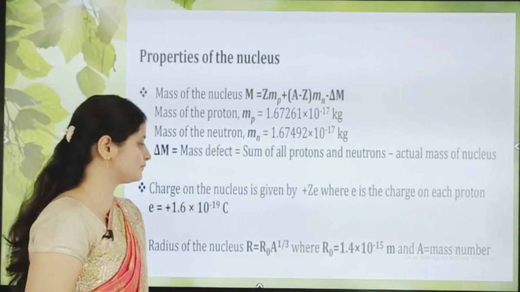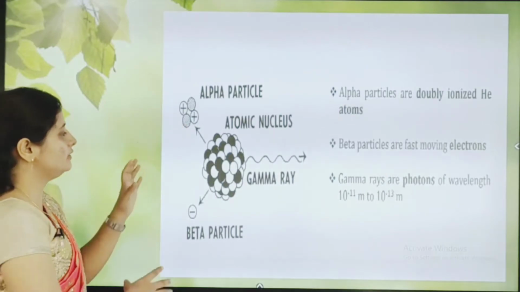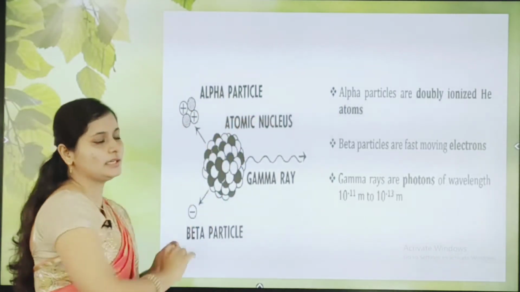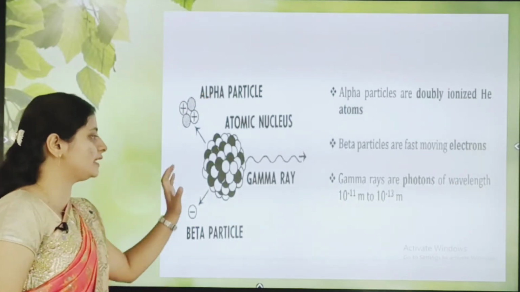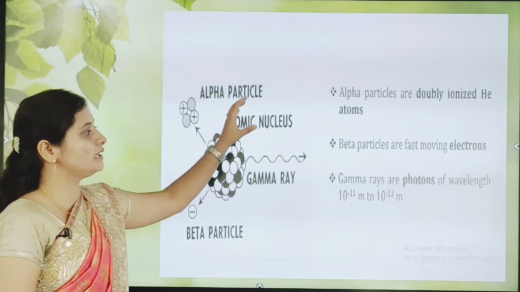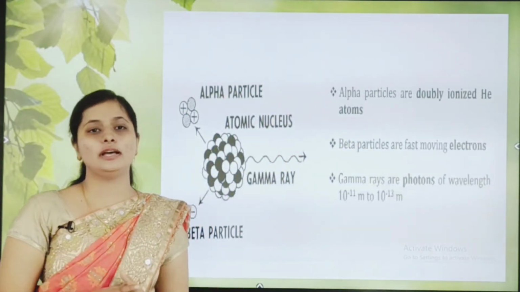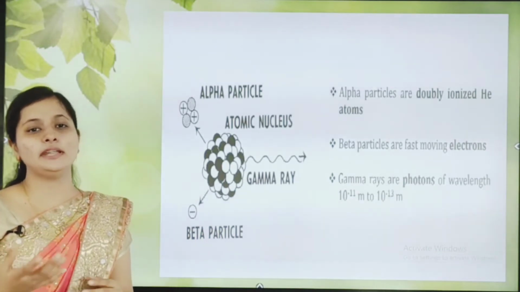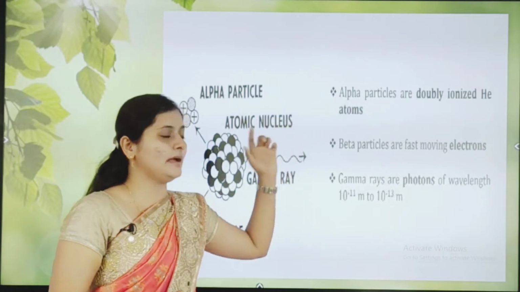Mass number. Okay, we'll move to the next slide. Given one atomic nucleus, it emits an alpha particle, beta particle and gamma ray. First, alpha particles are doubly ionized helium atoms. So, what is an alpha particle? It is a doubly ionized helium atom.